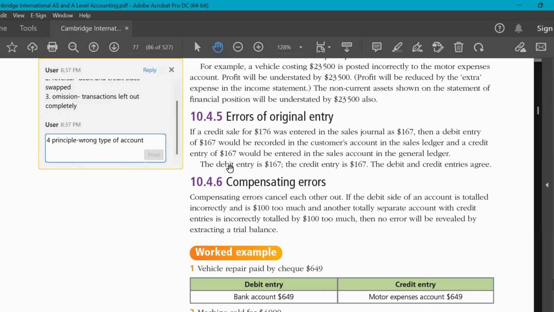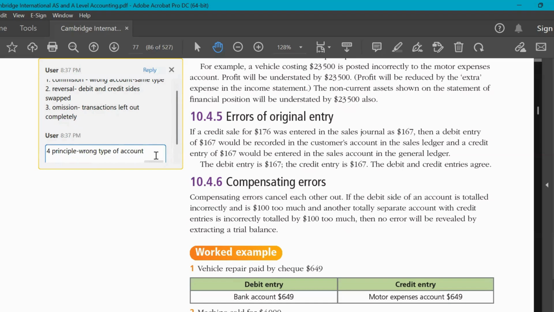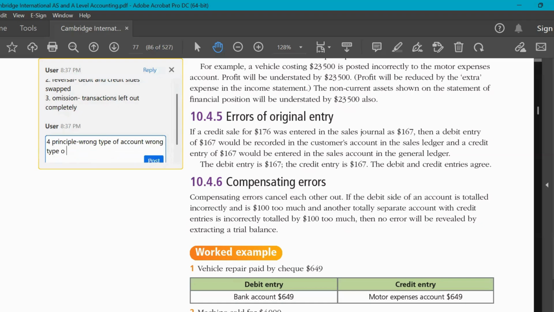Next is the compensating error, but before that, let's have a review again. When we say commission, wrong account, but the same type. Reversal, debit and credit sides are swapped or interchanged. Omission, from the word itself, omit. The transactions are being left out. The principle is, of course, wrong type of account.